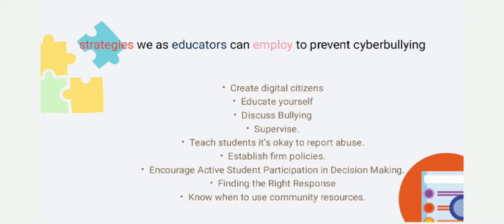Third strategy is to discuss bullying. Awareness is powerful. It can make the students afraid of what might be the effect of their bad behavior towards others, and by spreading awareness, they can be aware that what they're doing is already bullying. And it also changes social perceptions.